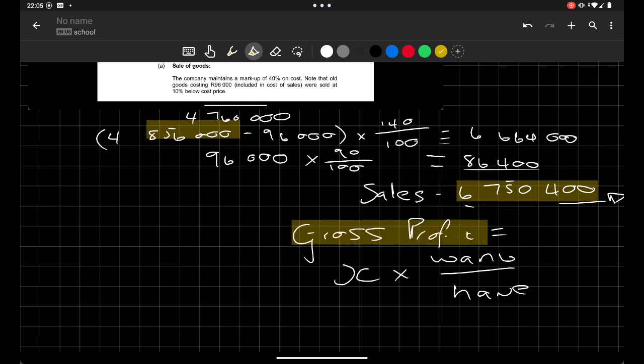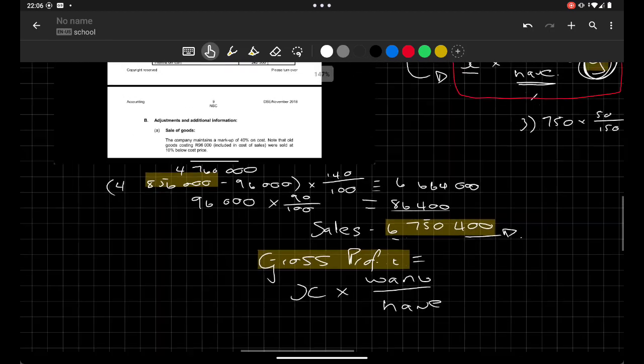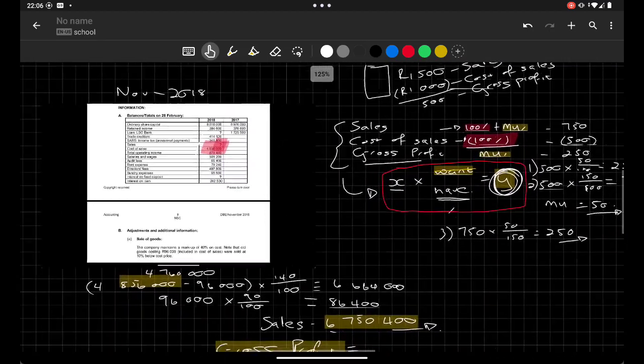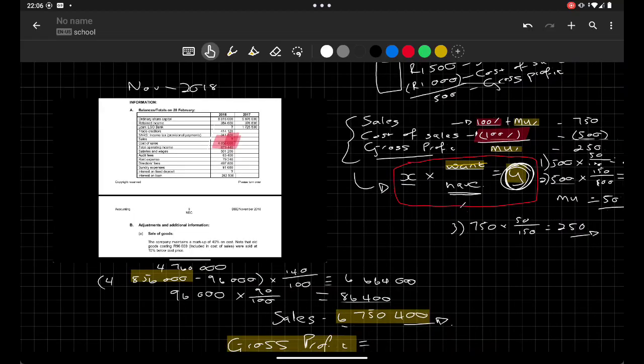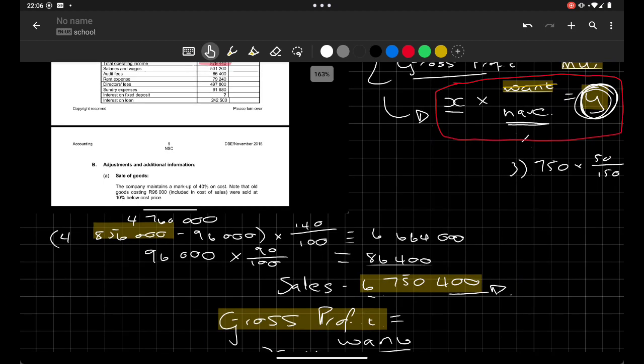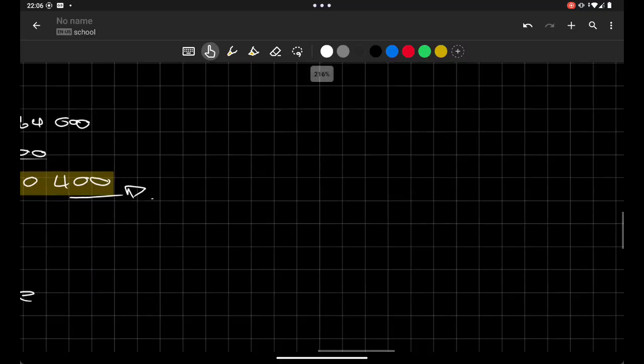If you do, that means you understood this. If you didn't, go through this lesson again, try to understand, try to do this part down here by yourself, and then see if you get to the same answer. Once you've done that, retry the gross profit question, right?